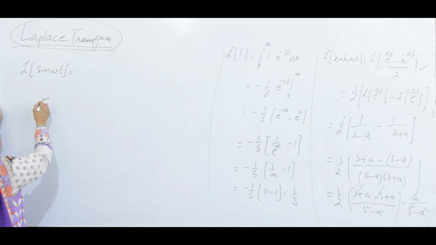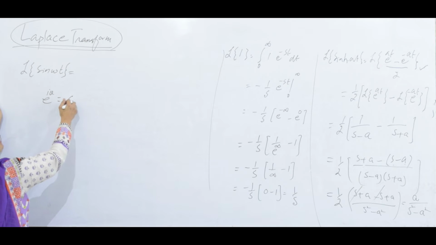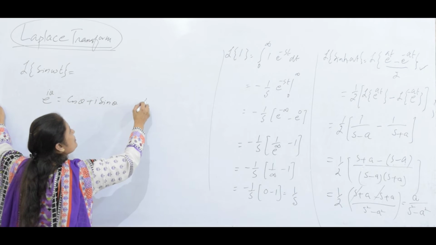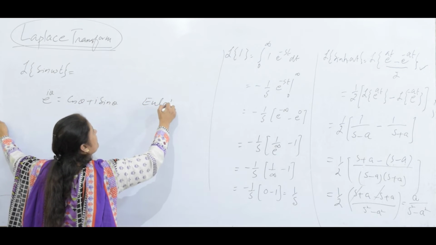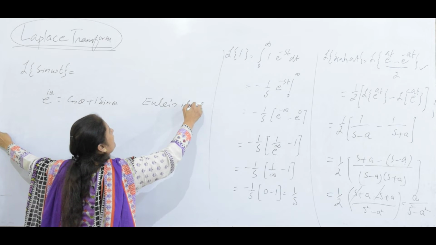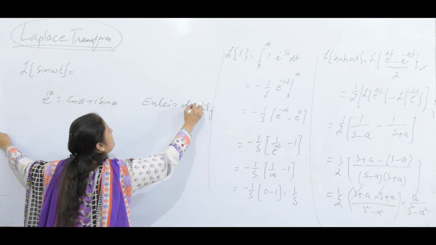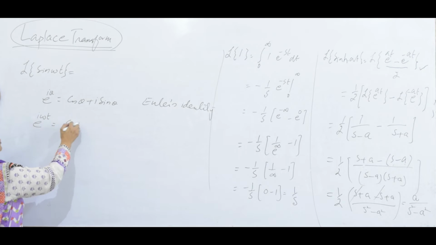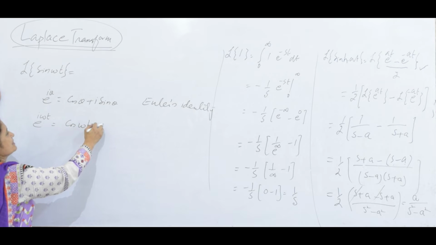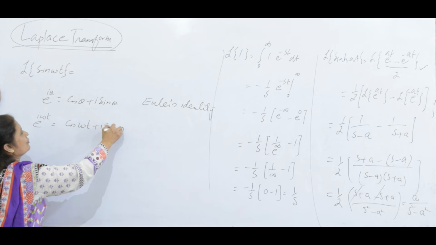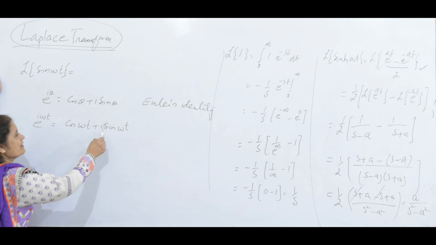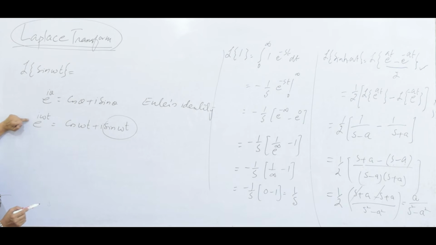We know that e^(iθ) is cos θ plus i sin θ, which is Euler's identity. Let me replace θ by ωt, which gives cos ωt plus i sin ωt. Now sin ωt is the imaginary part of it.